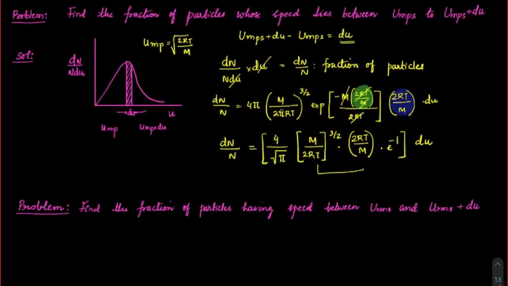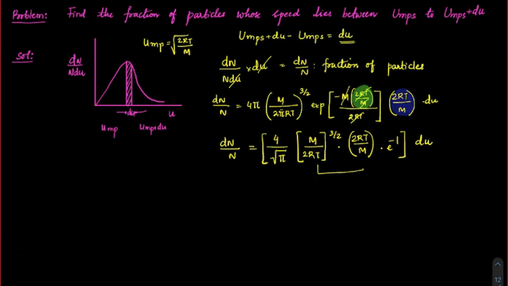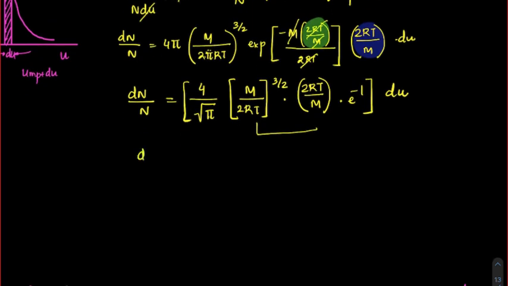So I'll just pull this down a little, one second. Yeah, so from here I can say that this dn by n, which is the fraction of particles, would be equal to some constant. This is all constant, e raised to power of minus 1, this entire thing is some constant, into m by, because if I take this 2rt by m, you reverse that and add it, correct?